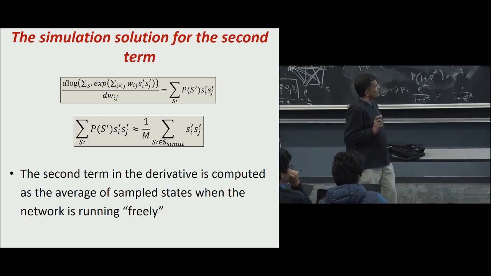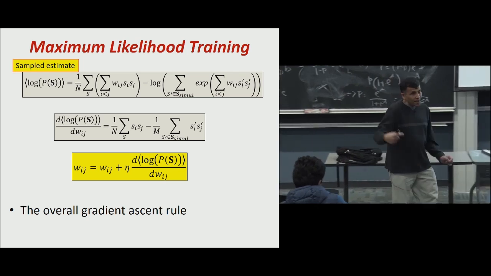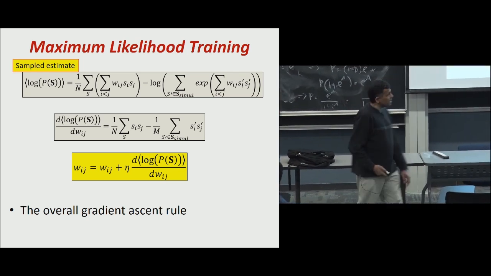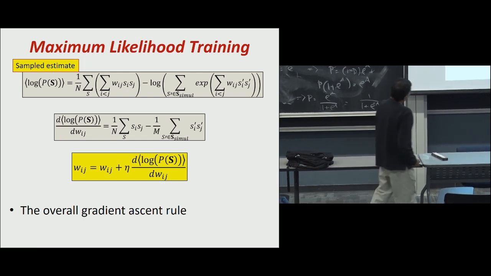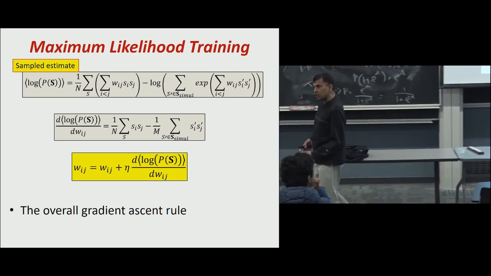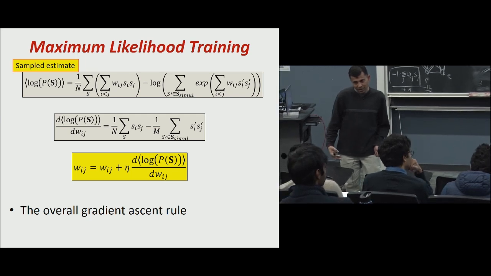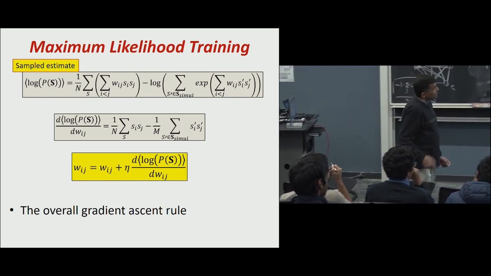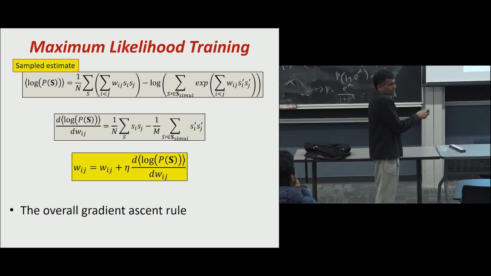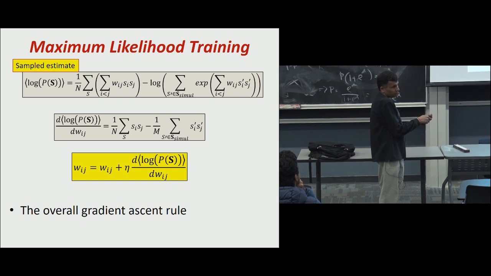And so now, here's what we get. We are looking at a gradient ascent rule, correct? So the gradient ascent rule is going to be, you initialize the weights. When I initialize the weights, I've started off by creating an initial Boltzmann machine. But then, using the initial weights, this first term of course doesn't depend on the current set of weights. This second term is what depends on the current set of weights.